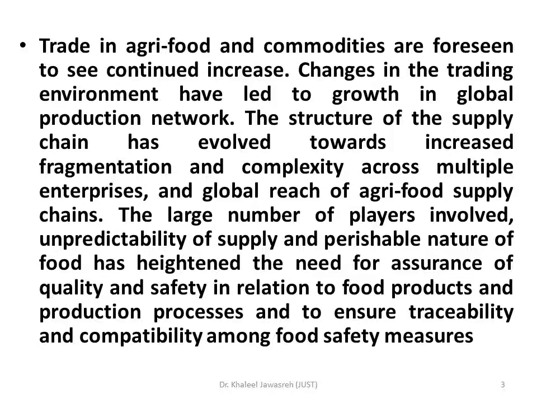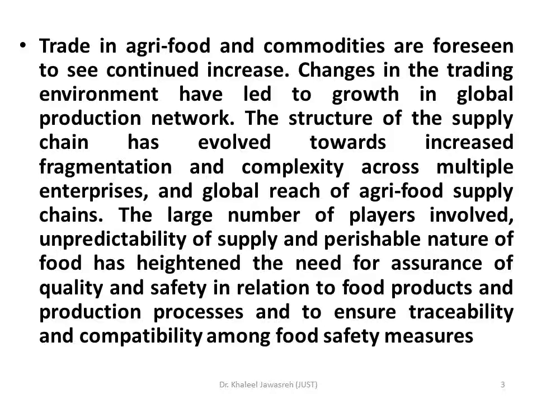Trade in agri-food and commodities is foreseen to continue increasing, and you see that it is rapidly increasing in general. Changes in the trading environment have led to growth in a global production network, and the structure of the supply chain has evolved toward increased fragmentation and complexity across multiple enterprises and the global market.